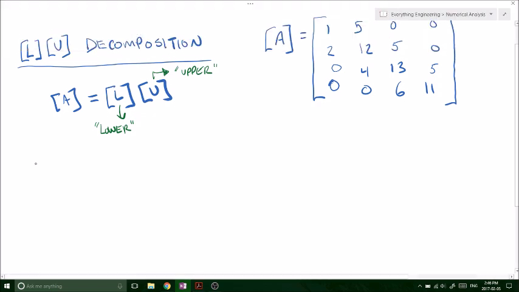Okay, so we look at the L, the lower triangular matrix. One interesting characteristic is that all the diagonal components are equal to 1, and the upper components are all zeros. Then the lower triangular portion is our matrix values.